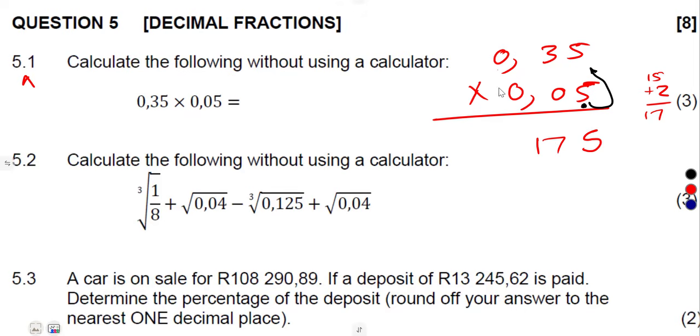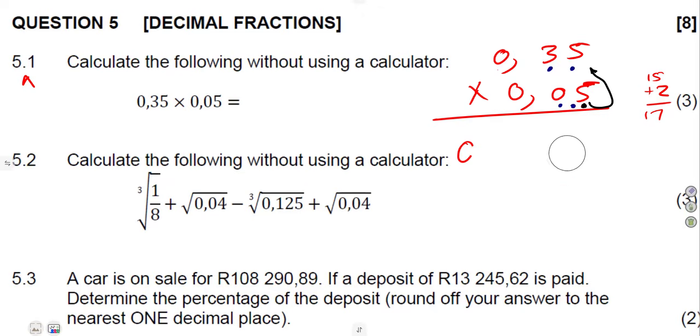This is 5 times what? 5 times 0 plus 7 plus that number that we had is going to give us 175. But we know that our answer must have 1, 2, 3, 4 decimal places. So as we have got 1, 2, 3, we must have 4 decimal places. We put a 0 like this so that we have 4 decimal places.